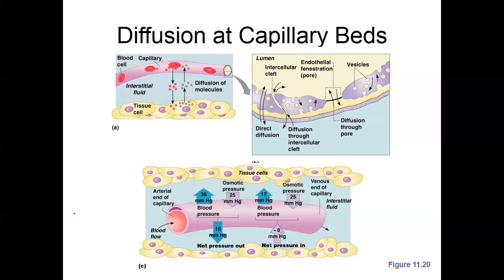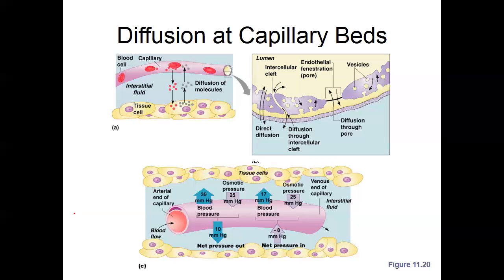And if someone has low albumin in the vasculature, what do you think that does to the concentration in the blood? If they've lost albumin somewhere, do you think the concentration of materials in the blood is higher or lower? Lower.